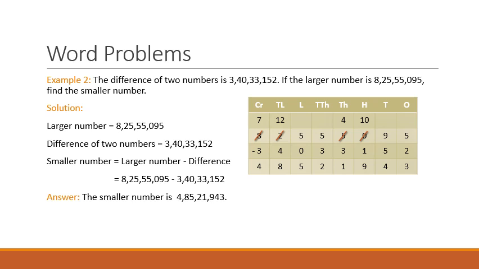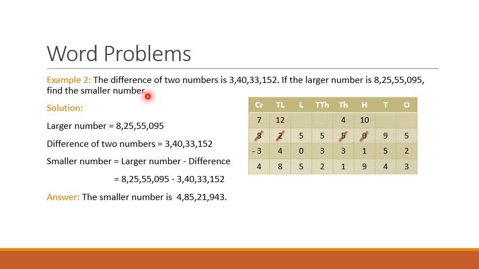Let's take one more example of a word problem. Example 2. The difference of two numbers is 3 crore 40 lakh 33,152. If the larger number is 8 crore 25 lakh 55,095, then find the smaller number.